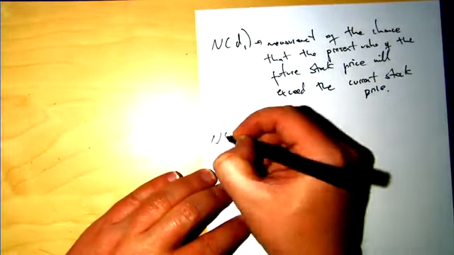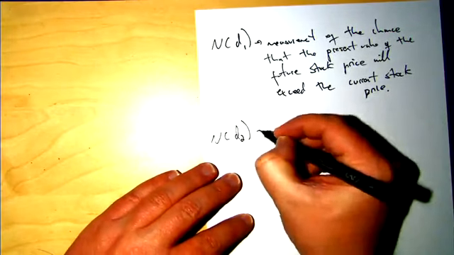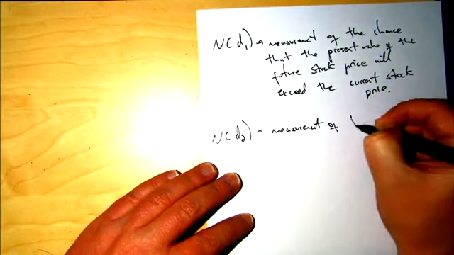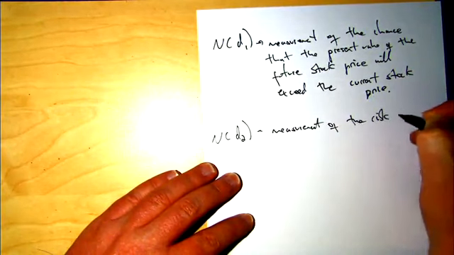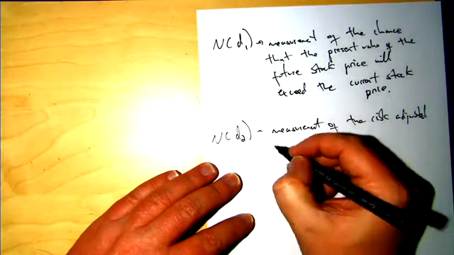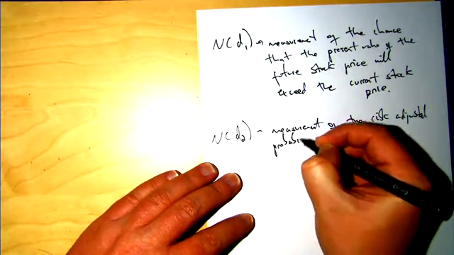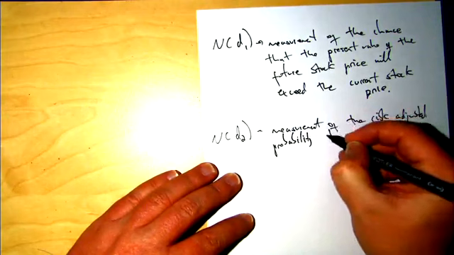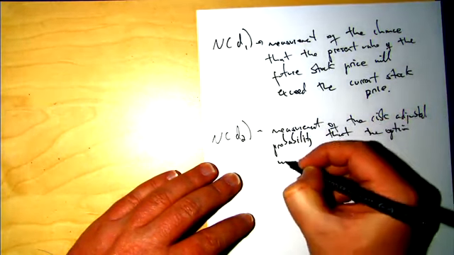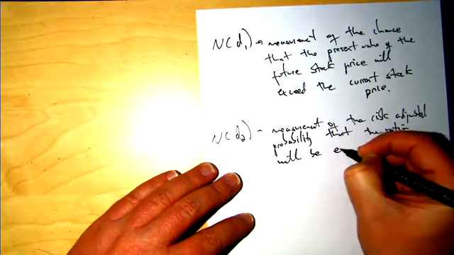N of D2 is a measurement of the risk-adjusted probability that the option will be exercised.